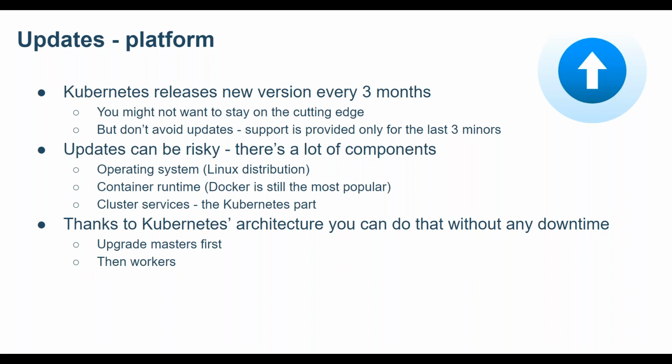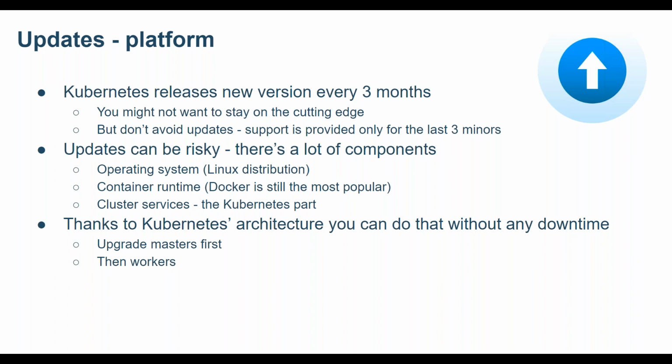But don't allow yourself to just stay behind indefinitely, because Kubernetes actually forces you to do updates every few months, as all the minor releases are supported only for the last 3 minors. So basically, the Kubernetes version that you run today, freshly installed, will be supported only for 9 to 12 months, not longer. After that, you won't get any support, any additional releases for the version that you're running. So updates are unavoidable. You need to cope with updating the platform.